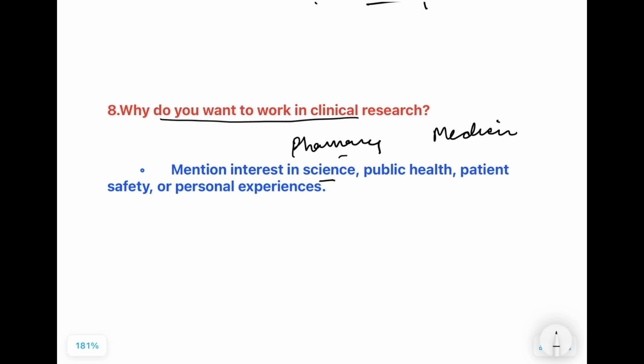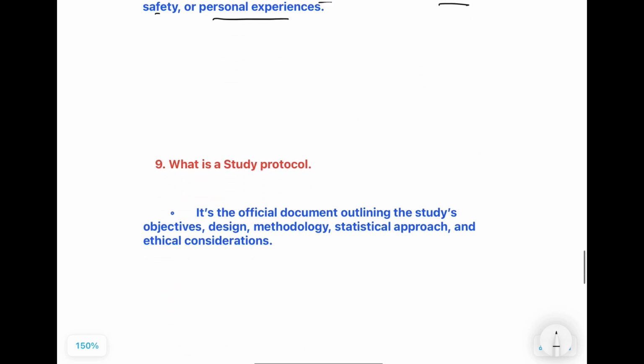Like as a pharmacy student, you may have studied a lot about drugs. Now you can say that in clinical research, I will get an opportunity to discover new treatment. I will have an impact in this job because I will be helping to meet unmet health needs, right? Patient safety, how passionate you are to help people. Any personal experience, personal example you want to add. So you can prepare very well for this question.